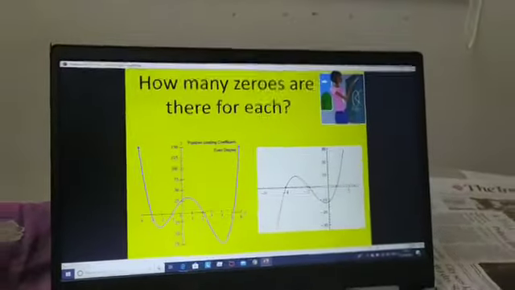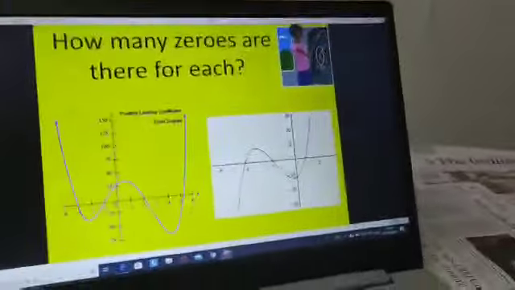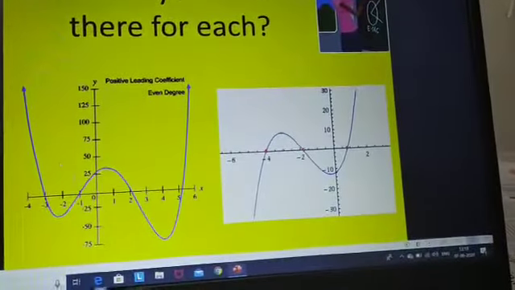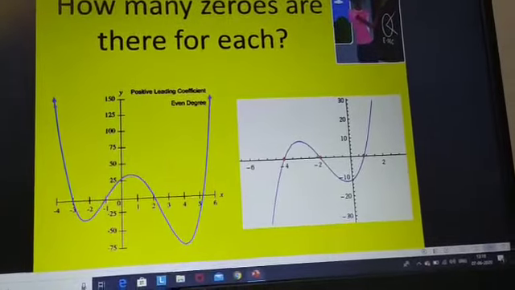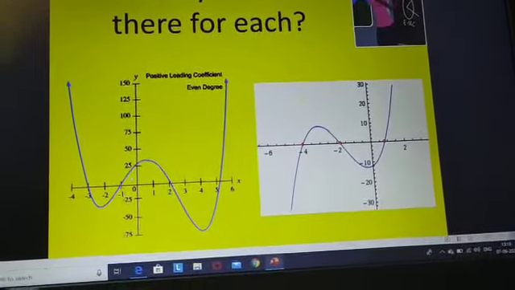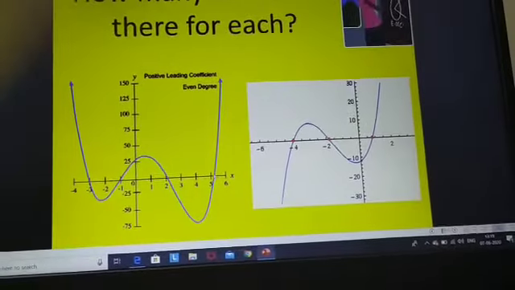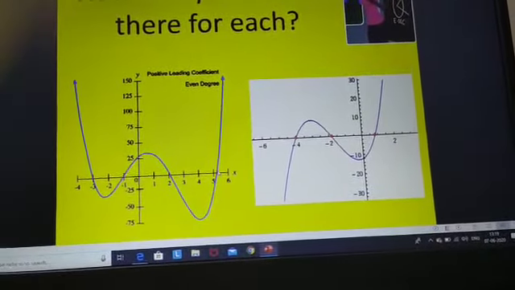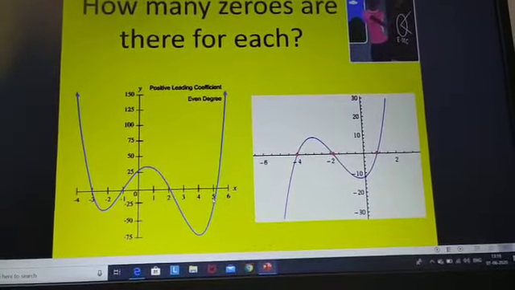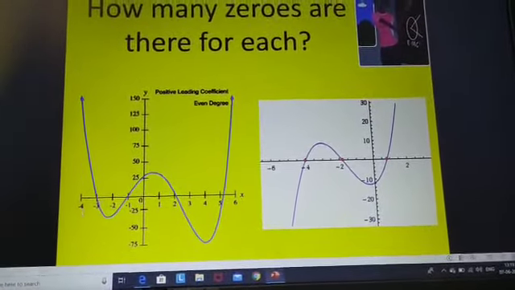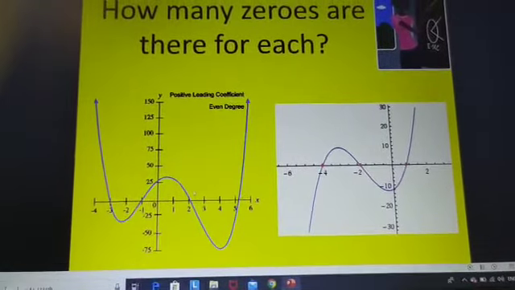Now just look into this slide. How many zeros are there for each? See the first one. You can see here, it is touching at minus 3, 0. It is again touching at minus 1, 0. It is touching at 2, 0. And it is touching at 5, 0. So you can guess that this is going to be a 4 degree polynomial expression, since there are 4 zeros here.